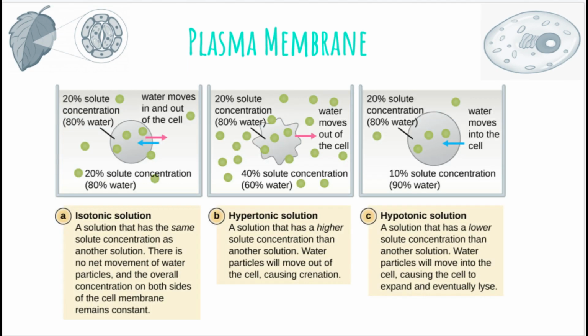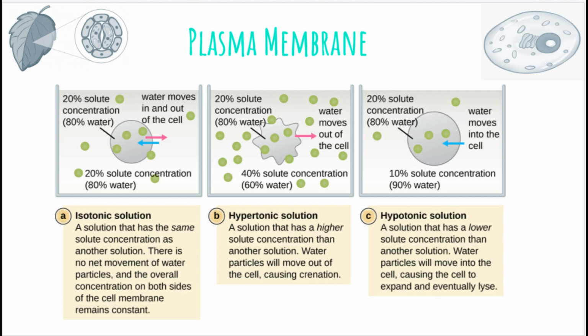Whenever a cell is placed in such a type of solution, it is called a hypotonic solution. When the inside portion of the cell contains the same amount of chemical substance as that present in the outside portion, the situation is called an isotonic solution, or the cell is placed in an isotonic solution.